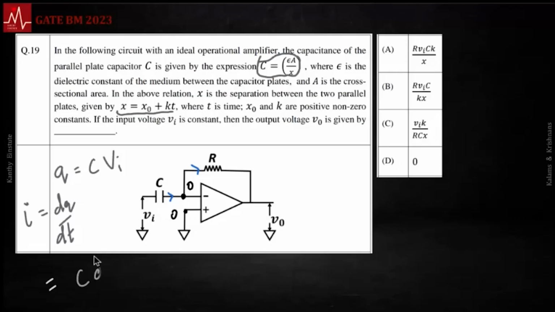C dVI by dt, where the input voltage changes. Here, the input voltage is fixed. Input voltage is a constant. The capacitor changes. So when you differentiate that, what you get is VI dC by dt.